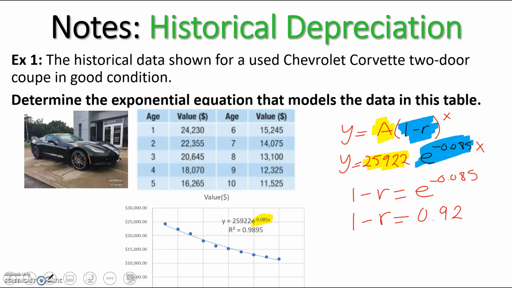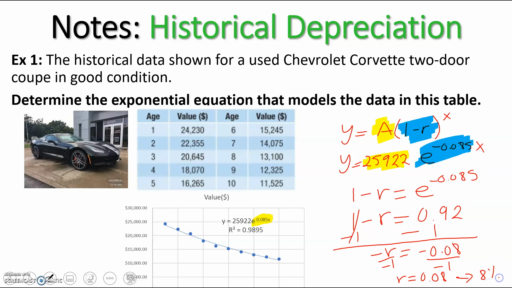Now, let's solve this equation. So minus 1, negative r is equal to negative 0.08. Divide both sides by negative 1. So r is 0.08. So we're going to say then that there is an 8% depreciation rate.